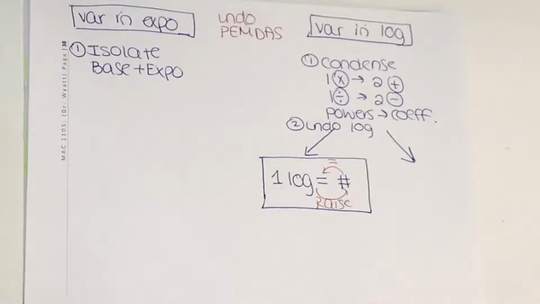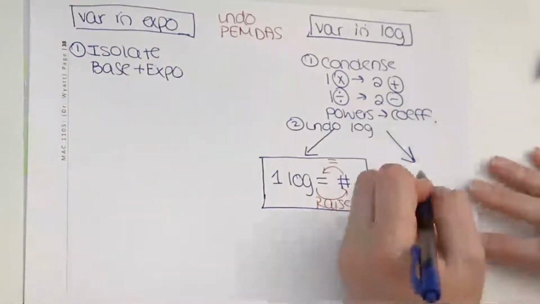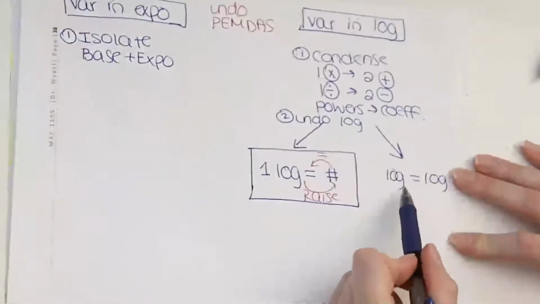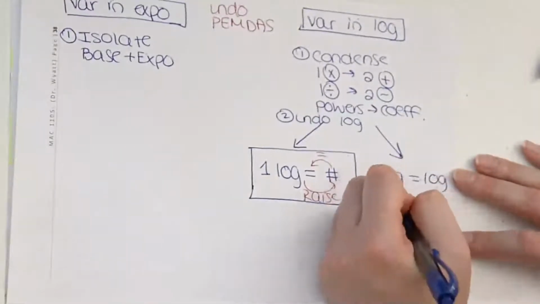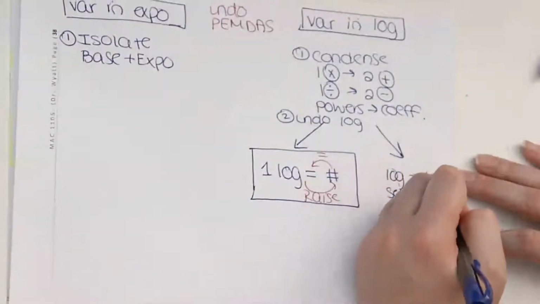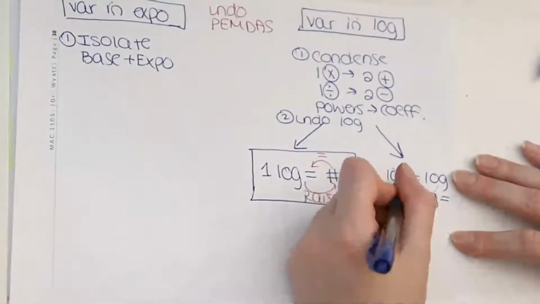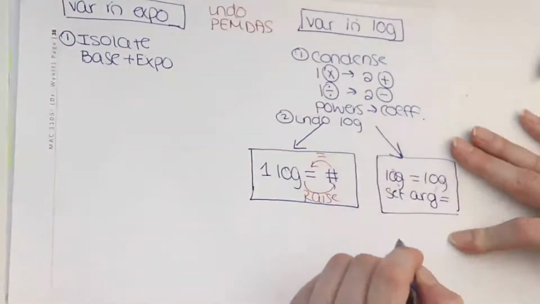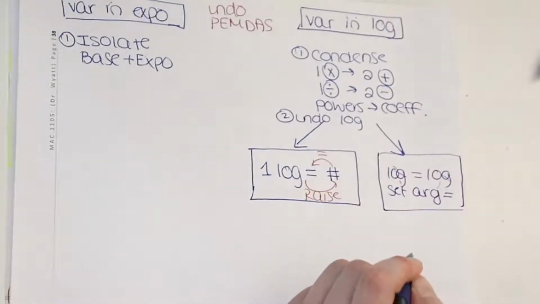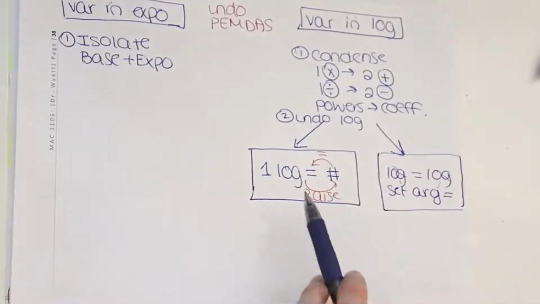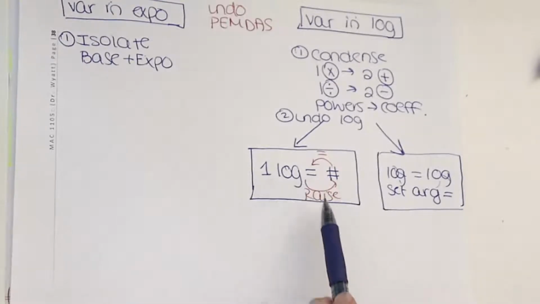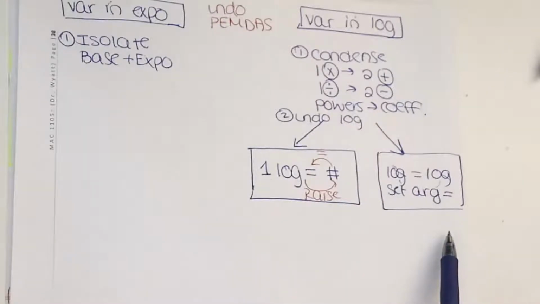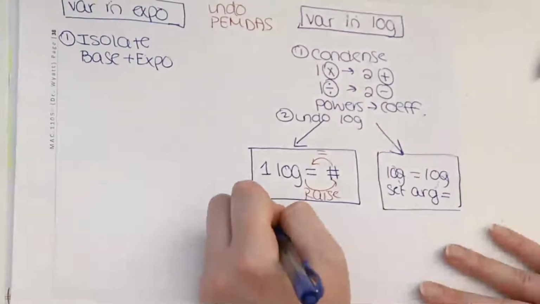Now, if, on the other hand, you have a log equal to a log, then you don't have the little wave, the raise equal to. In that case, you're going to set the arguments equal to each other. You're going to think about the logs crossing out and just setting the arguments equal to each other. So step 2 is somehow you have to undo the log. If it's one log equal to a number, you'll do the raise equal to, and if it's a log equal to a log, then you're going to set the arguments equal. That gets rid of your log.